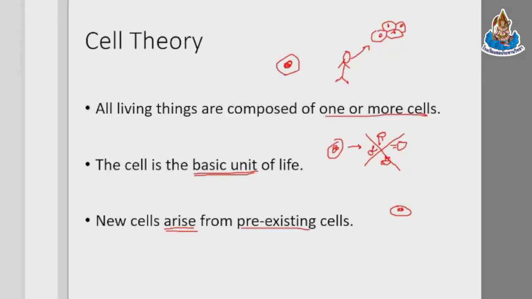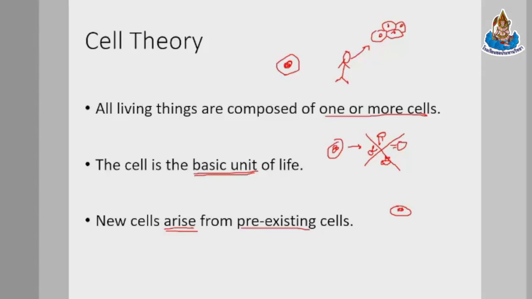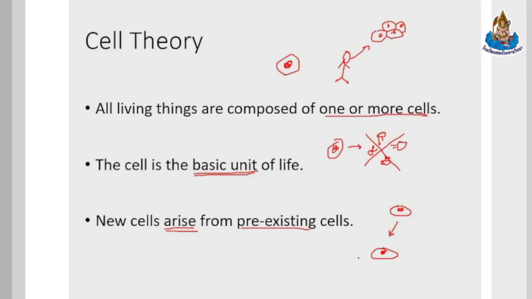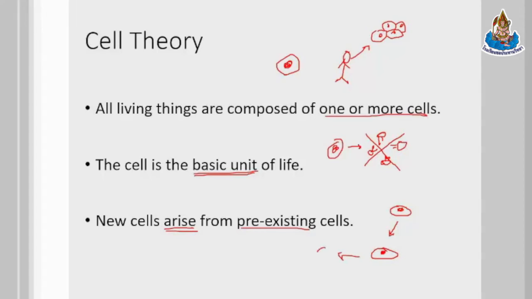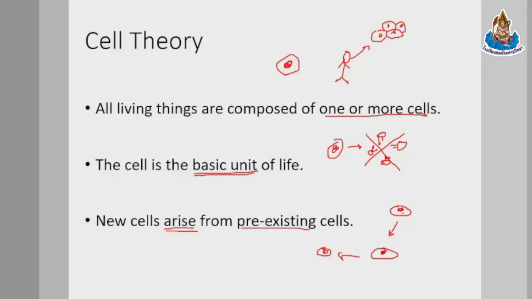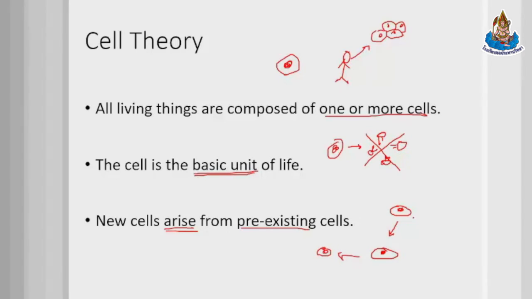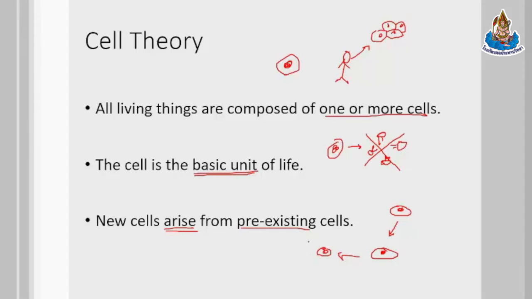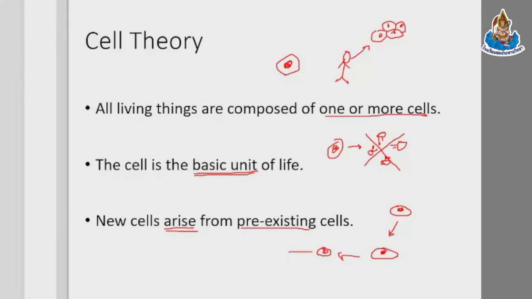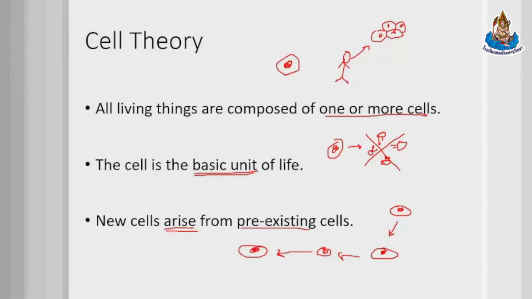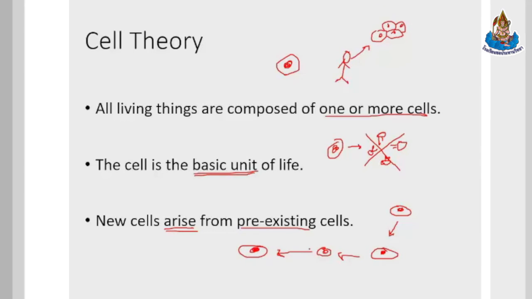Your cell is alive from your parent cell. Your parent cell is alive from your grandparent cell. And your grandparent cell arises from an ancestor cell long time ago. This is the cell theory.